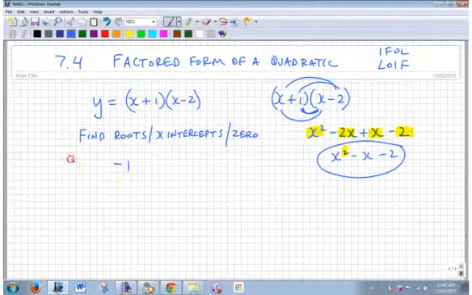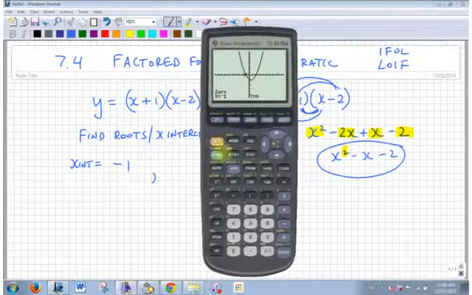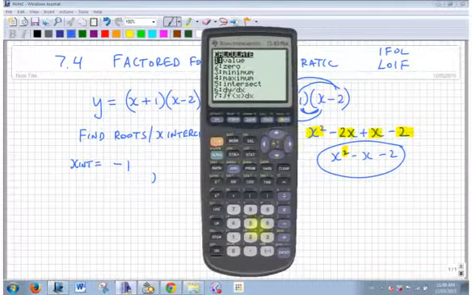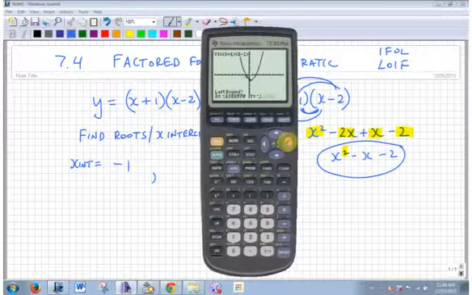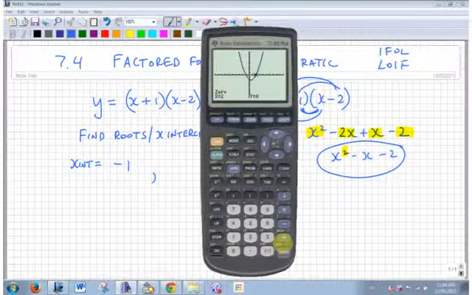That's one of them. X-intercept. Okay, what's the other one? Same thing. Second function, calc 0. Go left of it, enter. Go right of it, enter. 2.